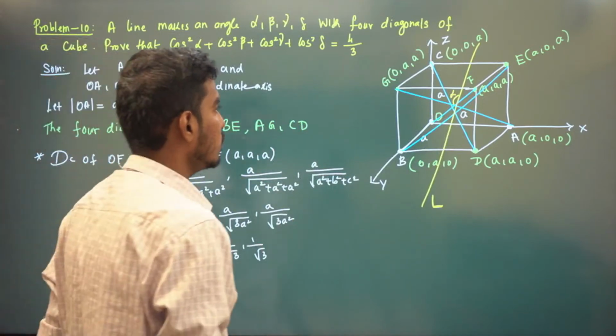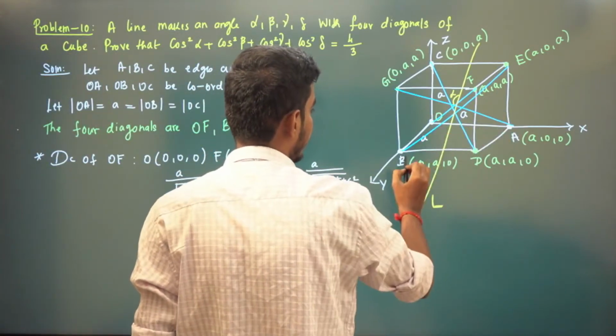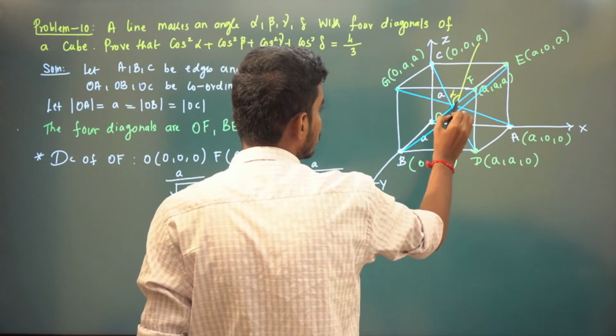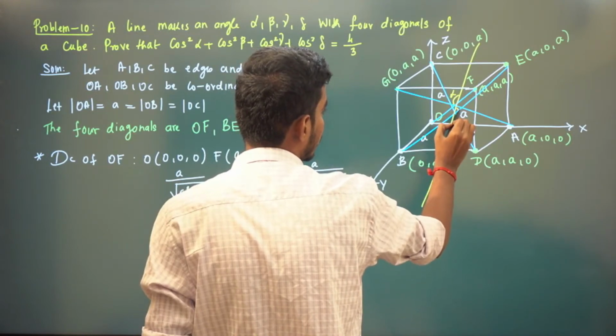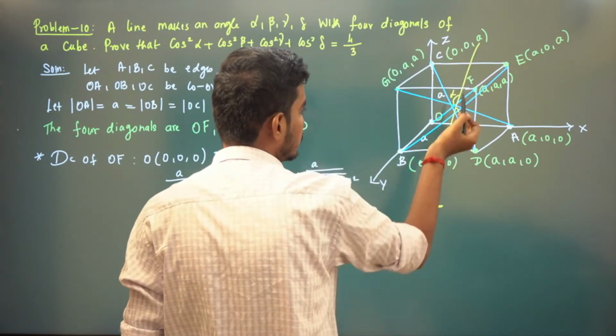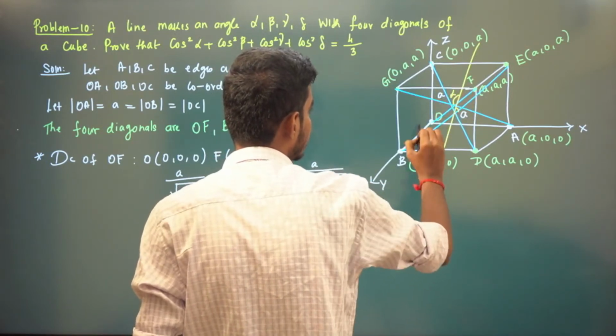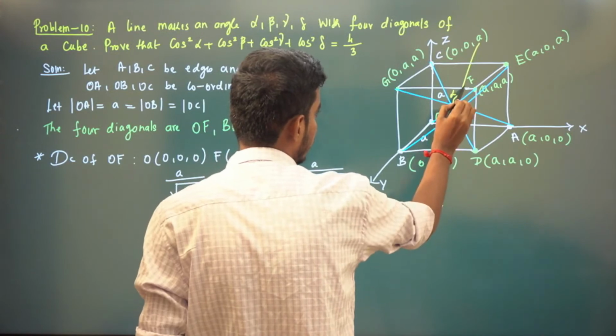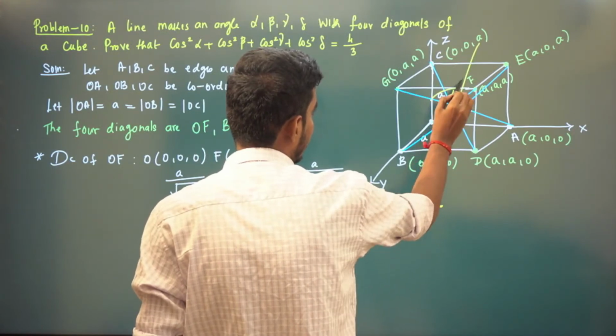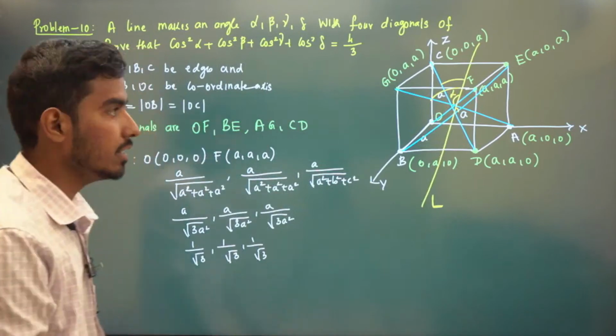Similarly, it makes an angle beta with the second line, BE, an angle gamma with the third line, AG, and delta with the fourth line, right?